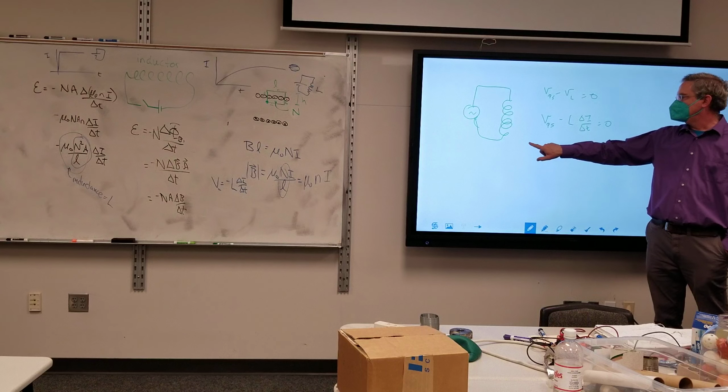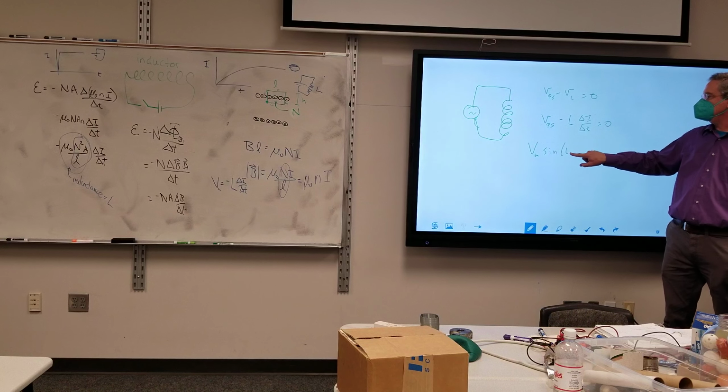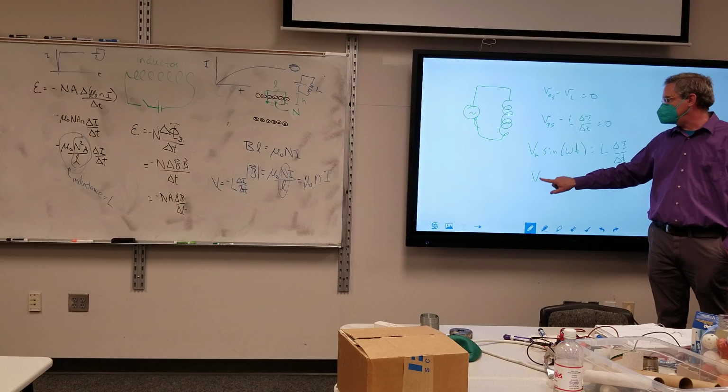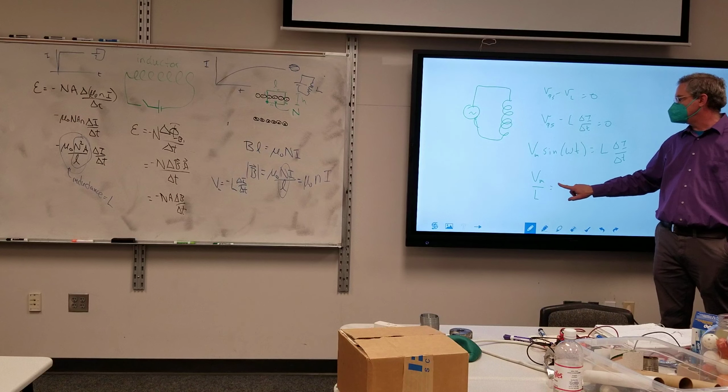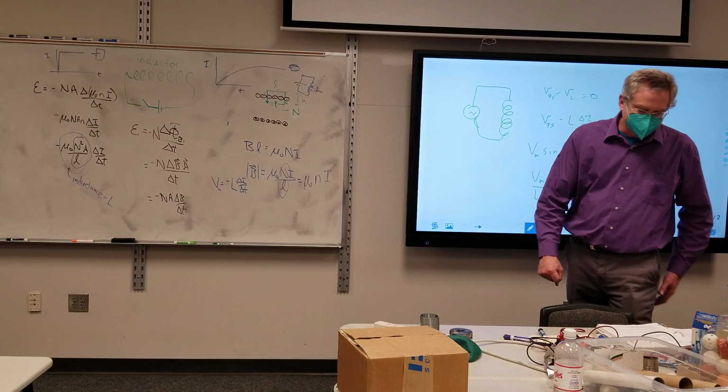And so this big V_m sine omega t would be equal to L delta I over delta t. Divide by L, and we get V_m over L times sine omega t is equal to delta I over delta t. Let's make sure I didn't screw up the minus sign. Nope, I'm good.